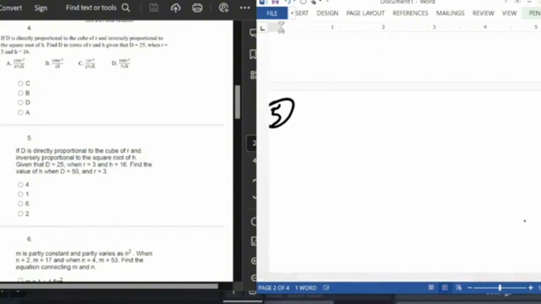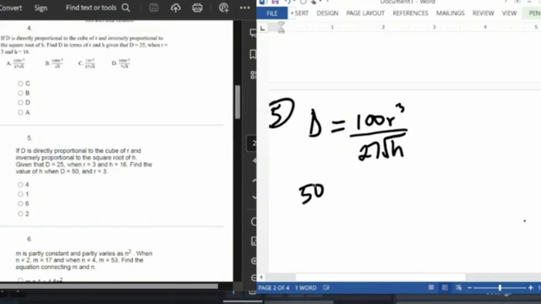So the first thing, we bring out the formula we have there, D equals 100 R cube all over 27 square root of H. So we have the value of D to be 50, then the value of R is equal to 3.